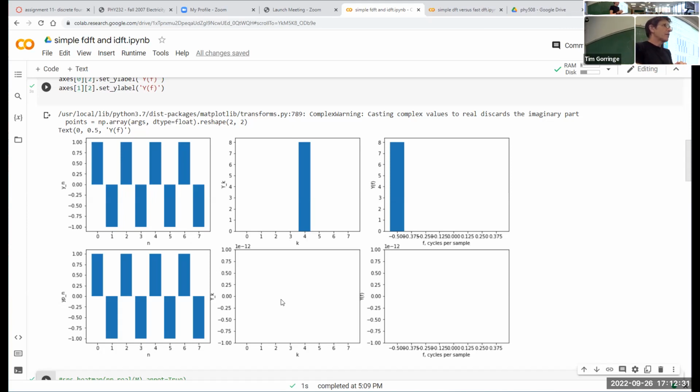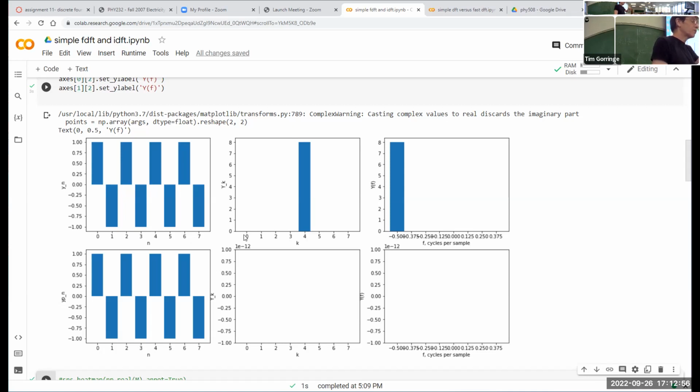Firstly, k equals 0 corresponds to any constant, time independent component. That will be non-zero if there's a constant or time independent offset in your data.